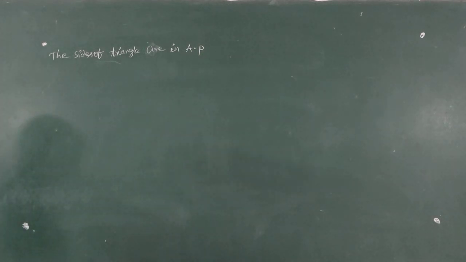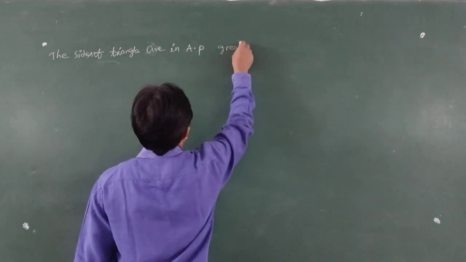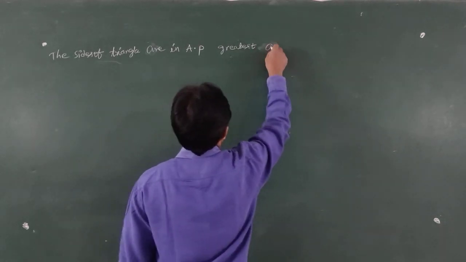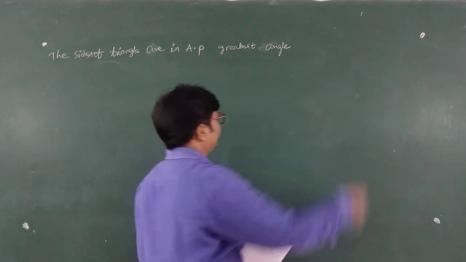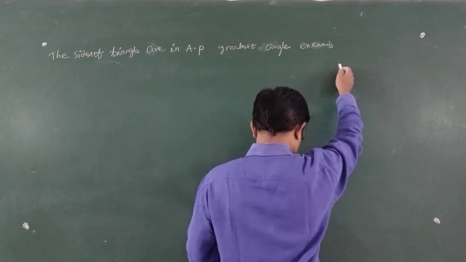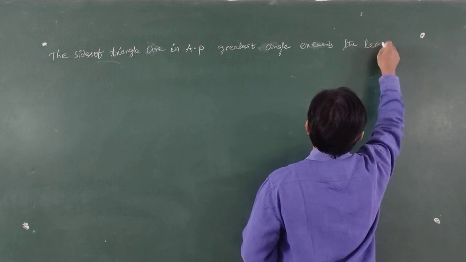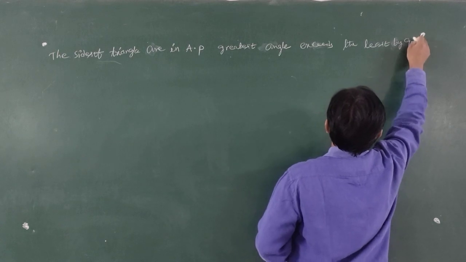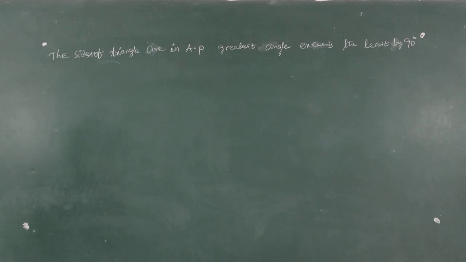Okay students, the greatest angle exceeds the least by 90 degrees, then the sides are in the ratio.